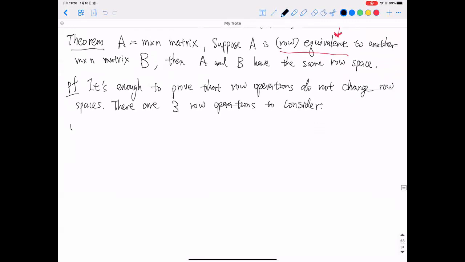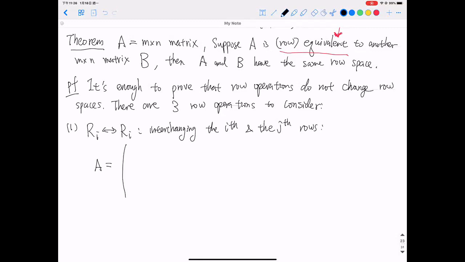Now, the first one is exchanging or interchanging the i's and the j's rows. Suppose your A looks like this, written in row form.